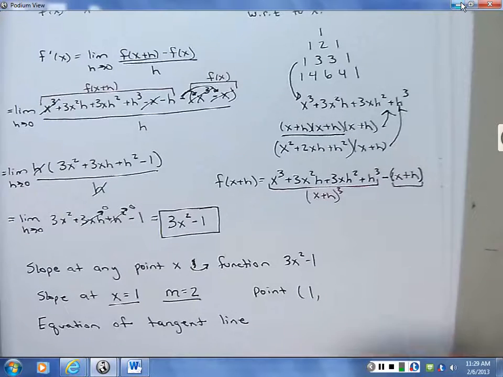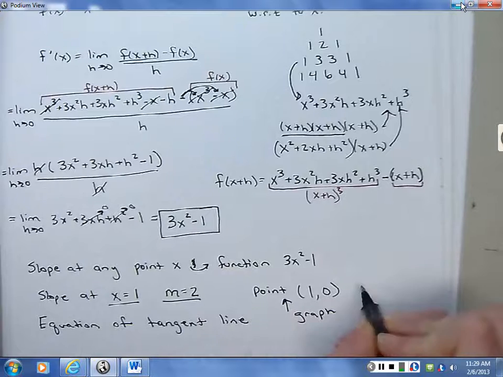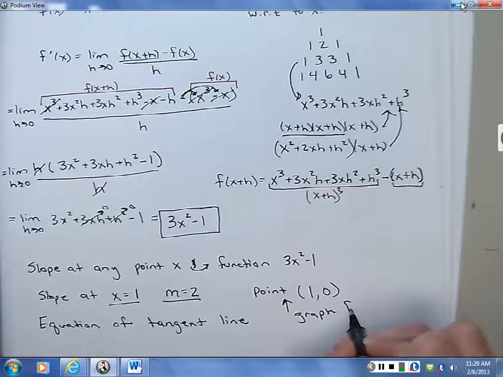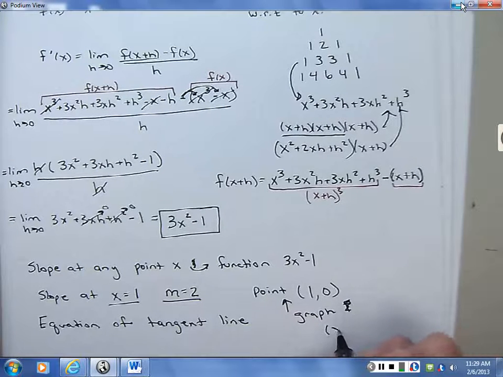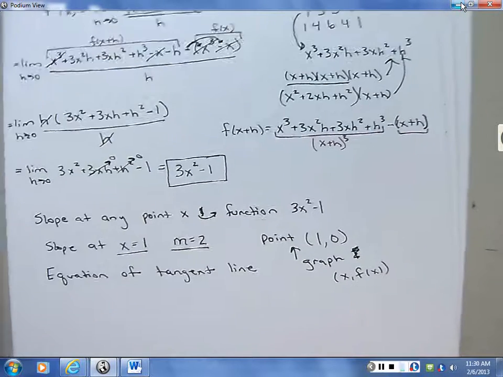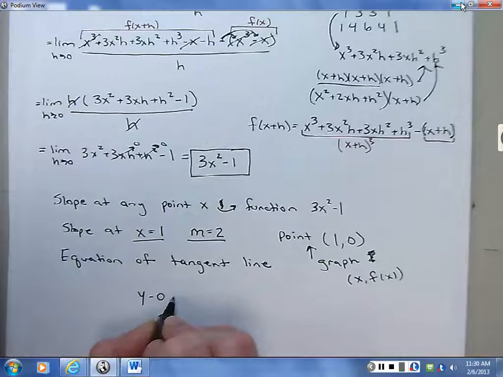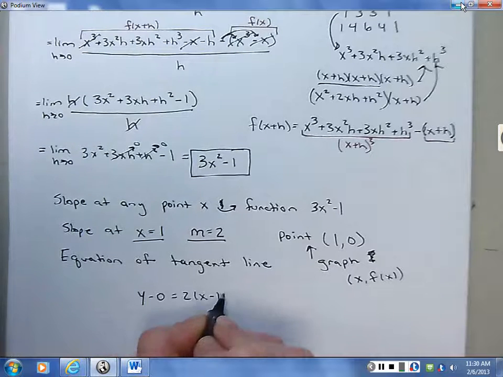Very good. Because the point is on the graph. So you always look at, if you think of x comma f of x, the original function. So the equation of the tangent line would then be y minus 0 equals 2 times x minus 1.